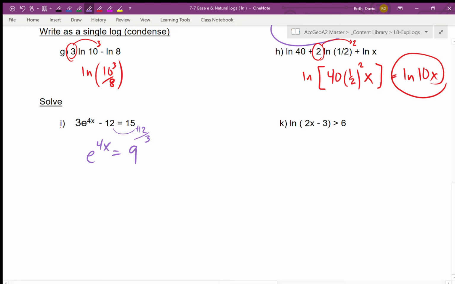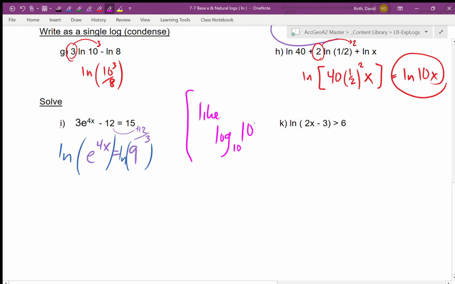Now, can I take the log of both sides, just like the natural log of both sides? The reason I'm saying this, if you remember, is like, what is the log base 10 of 10 to the third power? Well, that's 3, right?